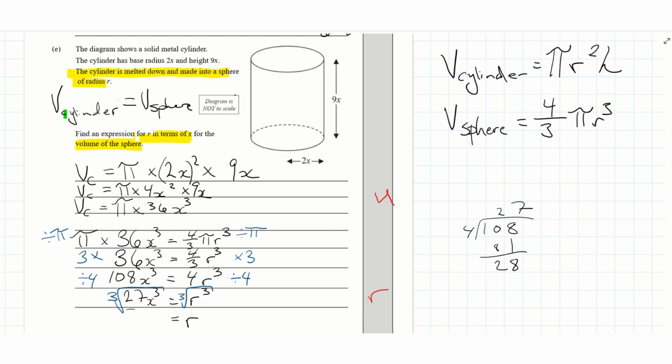You could put the cube root of 27 into your calculator and find out that it's 3. I just happen to know that off the top of my head because I've been doing this a long time. And then we also have to find the cube root of x cubed, which is x. So this right here is our answer. r is equal to 3x. The radius of the sphere is going to be equal to 3x.